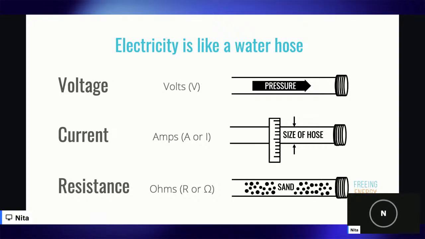So again, if we are thinking about the water flowing through a pipe, resistance is like, as this example shows, having dirt or rocks in a section inside the pipe, and that will slow down the water. So the more obstacles or restrictions inside the pipe, the harder it is for the water to flow. So in an electrical wire, resistance makes it harder for electrons to move through the conductor.